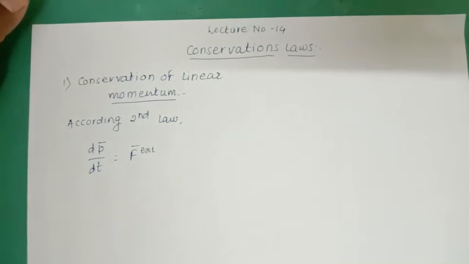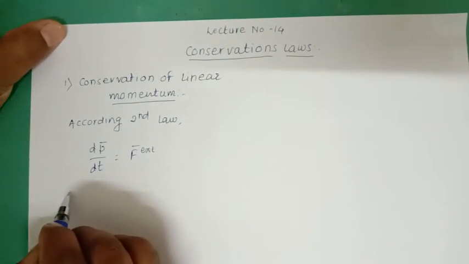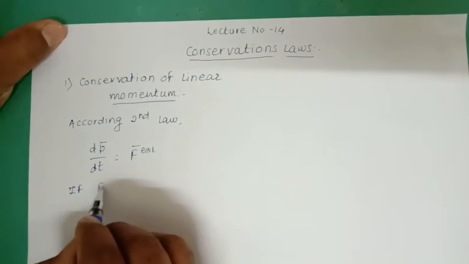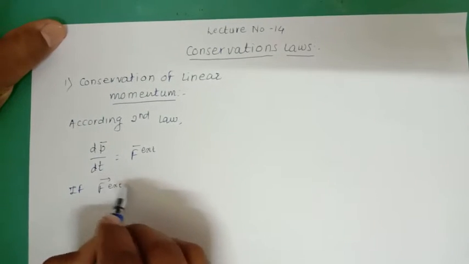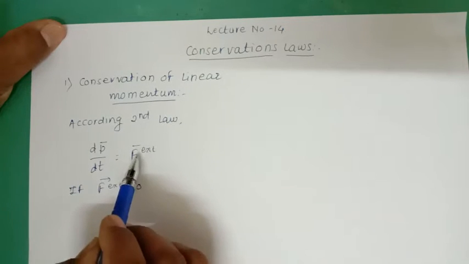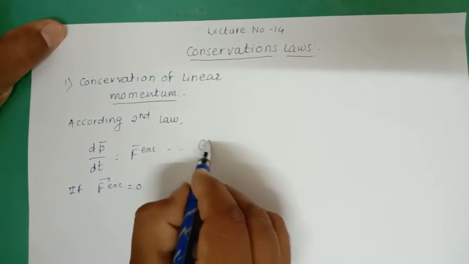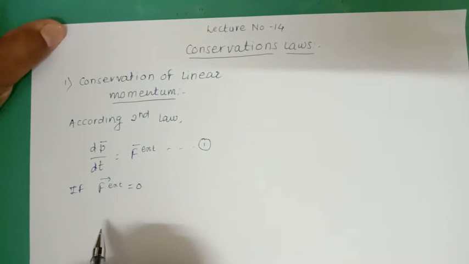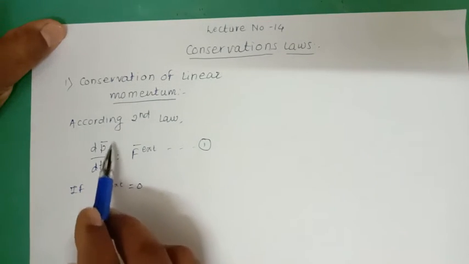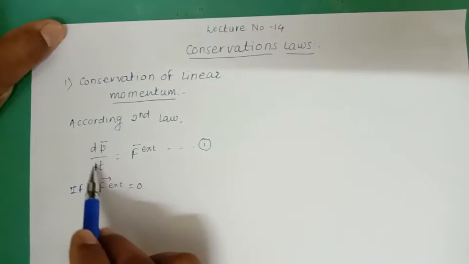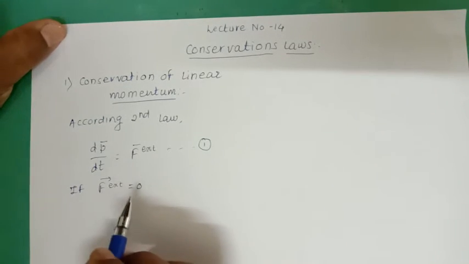But suppose, according to Newton's first law of motion, if there is no external force acting on the system, the body will remain in its state of rest or state of motion. Suppose this F external acting on the system, from equation number 1, is 0. So dp by dt, the rate of change of momentum, comes out to be 0.